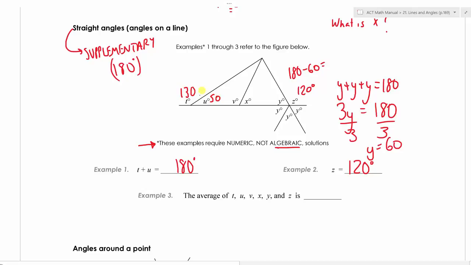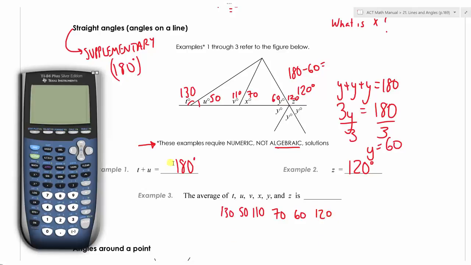So 130, 50. I'm just throwing in random numbers. Z looks like it's about 130. U looks like it's about 50. And then let's do 110 for V. That means X is 70. And since we already know what Y and Z are, we'll actually throw in the real values for those. So the average of these is going to be 130, that's the T, 50, that's the U, 110, that's the V, 70 is the X, 60 is the Y, and 120 is the Z. I would go right into my calculator.